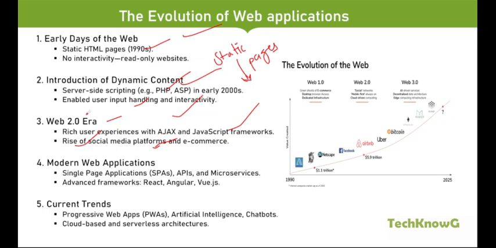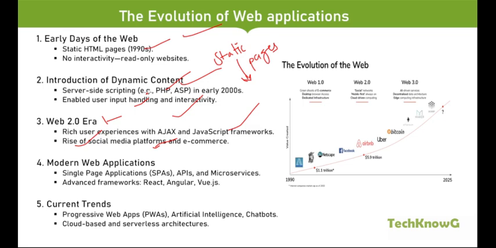Then when the 2.0 era came, what happened? User interactions developed more. We have create account, username and password, search. We made things as comfortable as possible for users. They even added commenting, feedback, and support portals. So user interactions have gone very high.